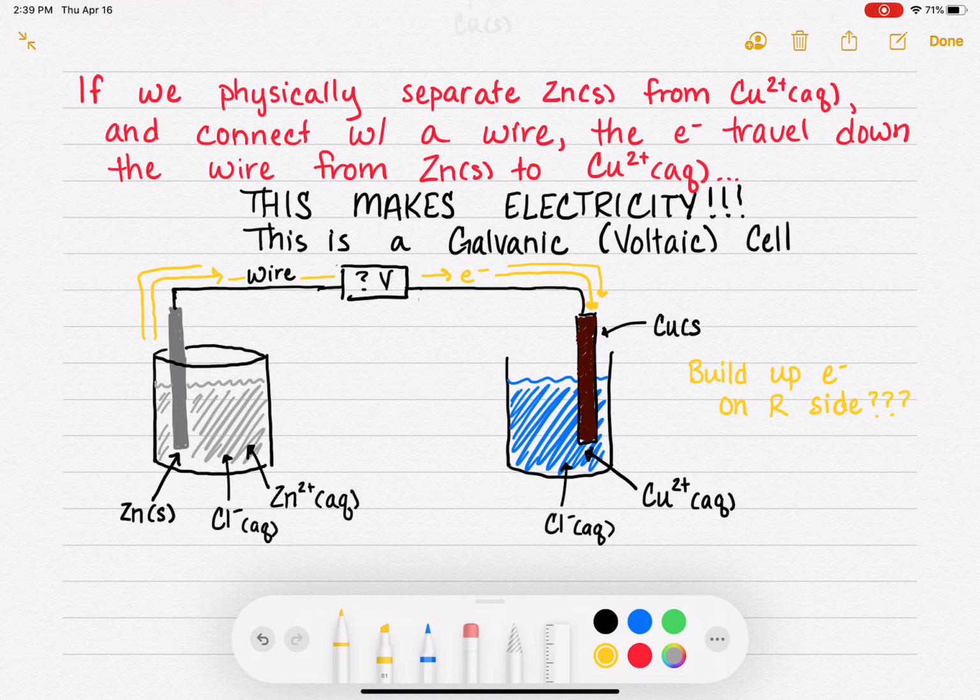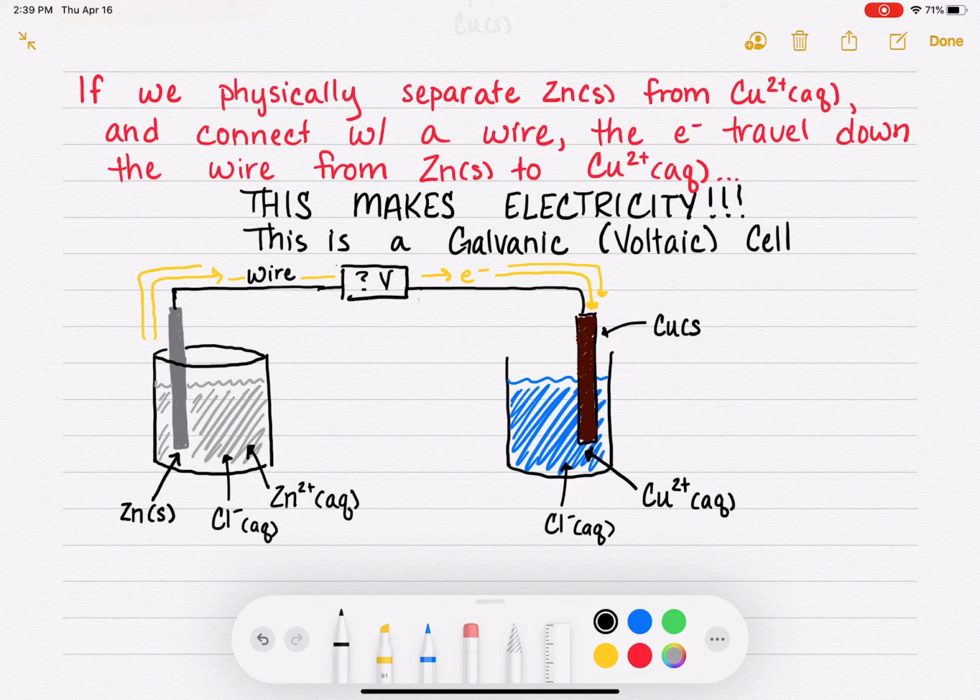And is that even an option? Would Mother Nature allow us to accumulate a whole crap ton of electrons free floating over on one side of the cell? And you might be able to guess that no, that's not going to happen. Just like we can't have positive charged copper ions running around without something to balance them, we also can't have electrons being accumulated on one side of the cell unbalanced.